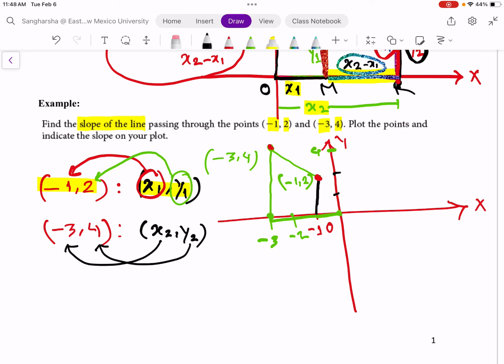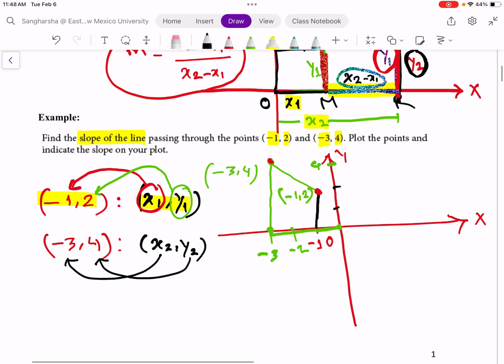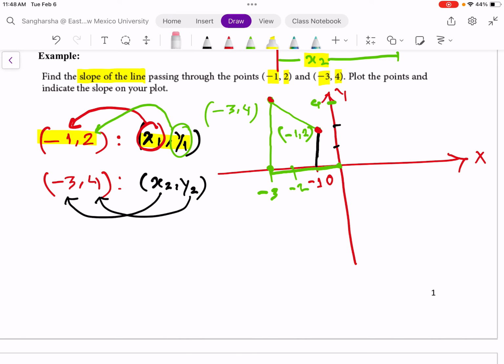Now we substitute these values into the slope formula. We know slope m is given by rise over run, where rise is y2 minus y1 and run is x2 minus x1. So y2 is 4 minus y1 is 2, divided by x2, which is negative 3, minus x1, which is negative 1.